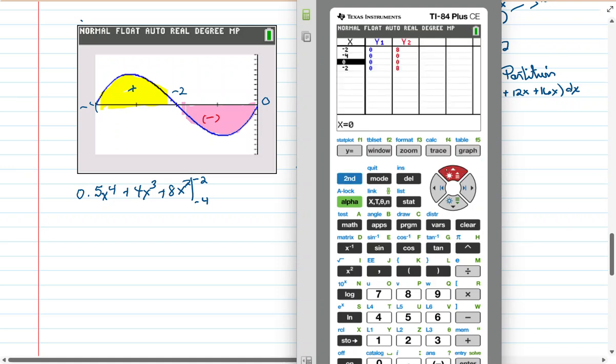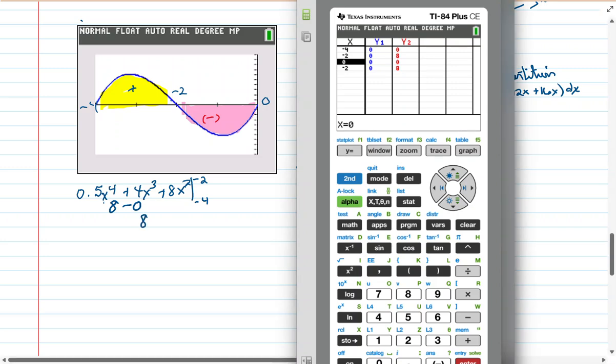So let me go up here, and I can do the -4, then the -2. I should have done the negative first. So at -2, I get 8. I get 0 for the other item, so I have 8 square units for that.